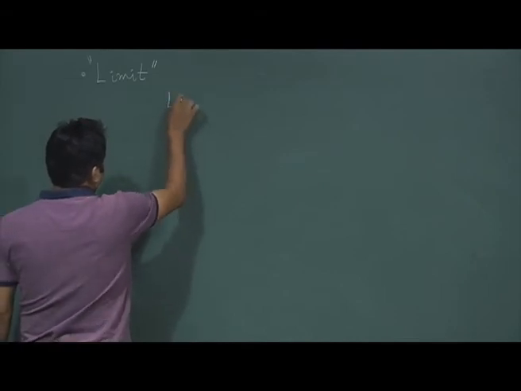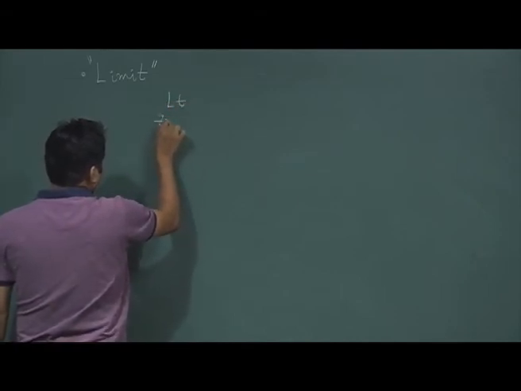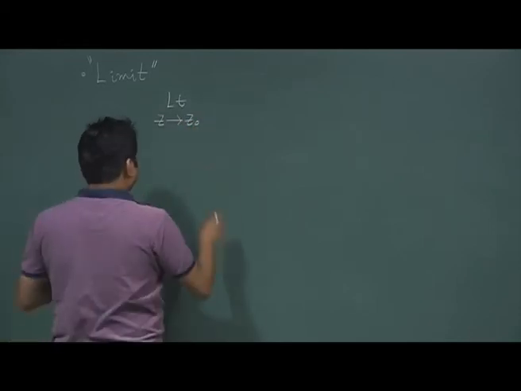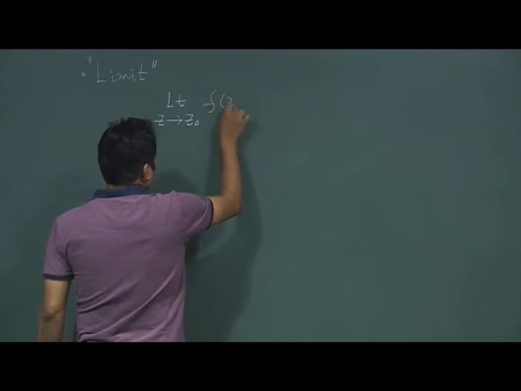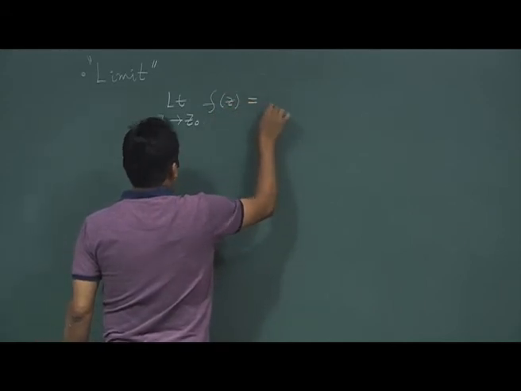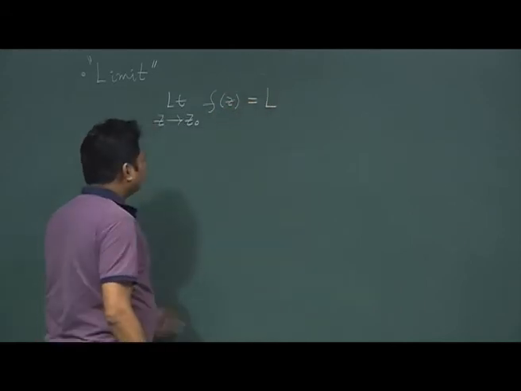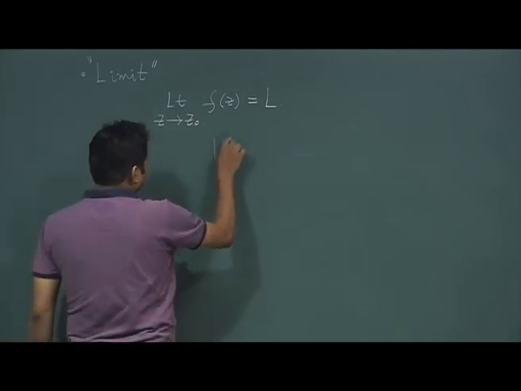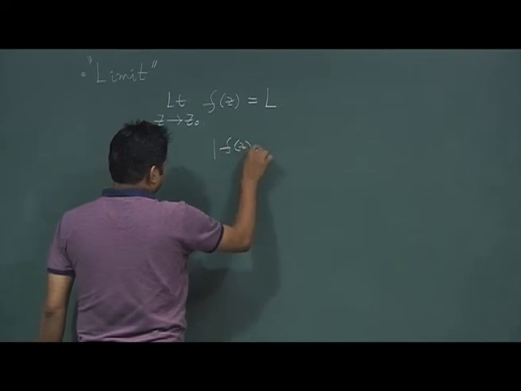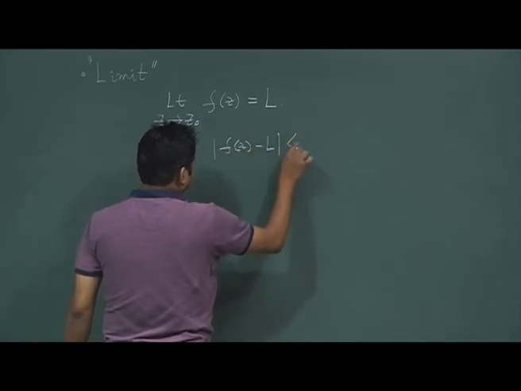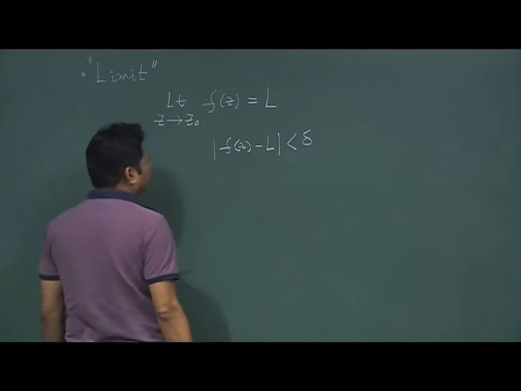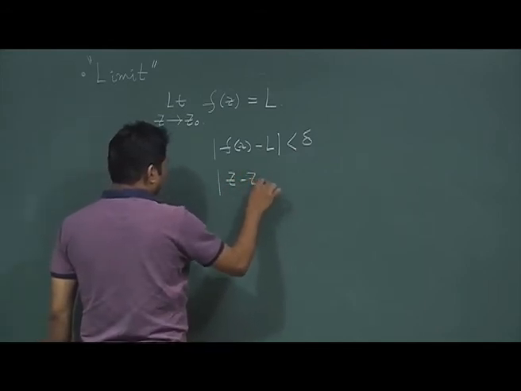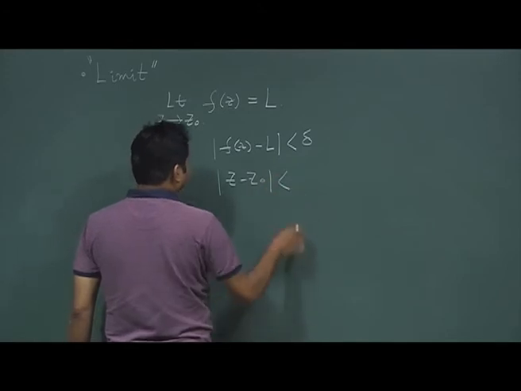In my complex case, z goes to z0, and f of z goes to some value, say L. In this case also I should have a relationship that |f(z) - L| should be less than delta when |z - z0| is less than some epsilon.